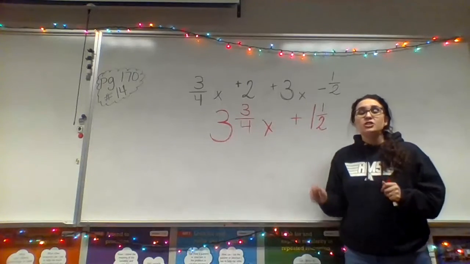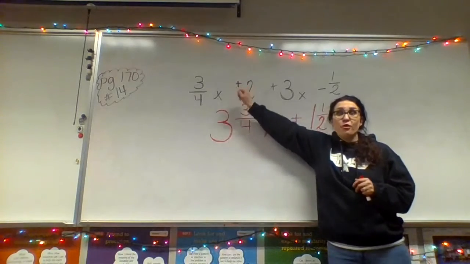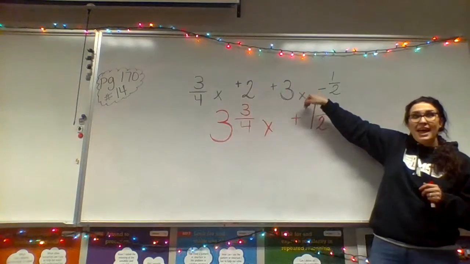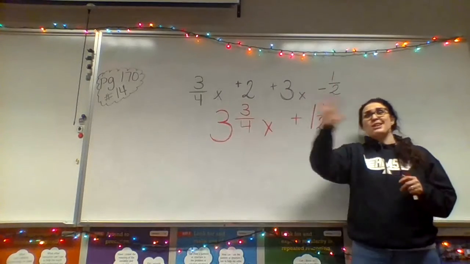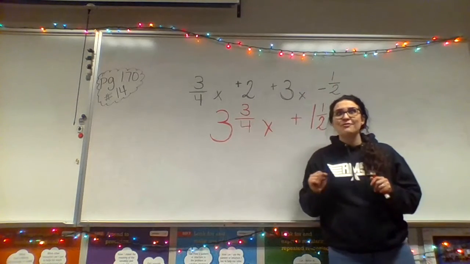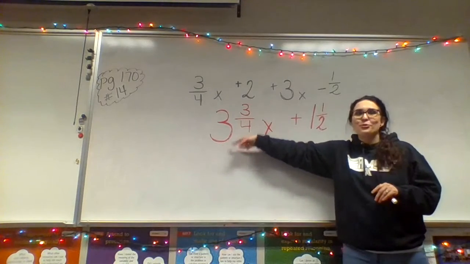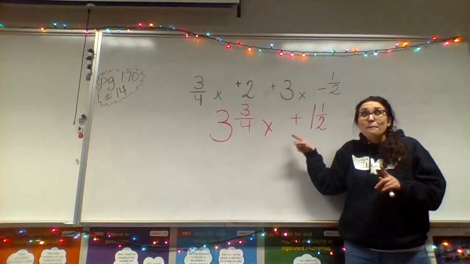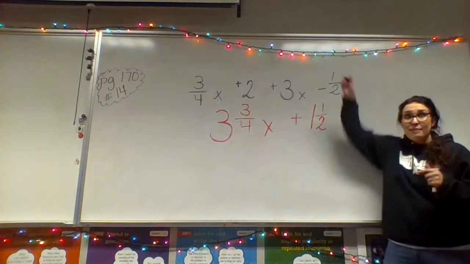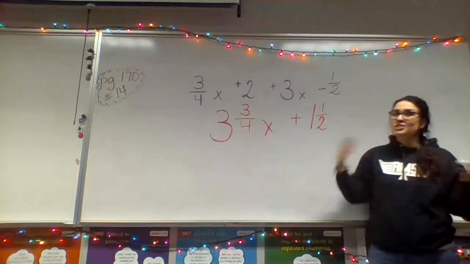We went from 3/4 x plus 2 plus 3x minus 1/2, and we simplified that. We made it easier for ourselves, and we figured out that it's actually equivalent to 3 and 3/4 x plus 1.5. Again, same value, just a different look.